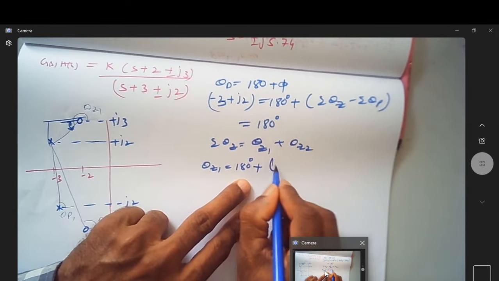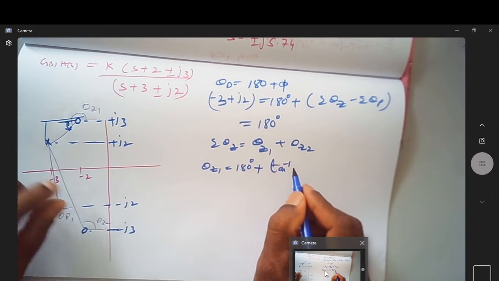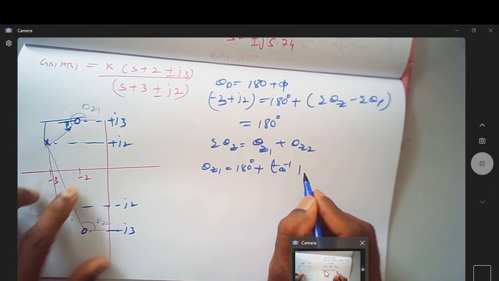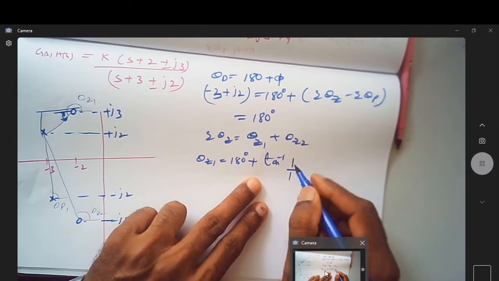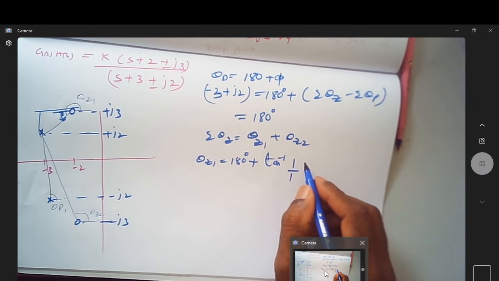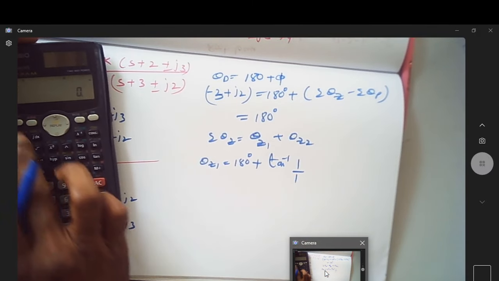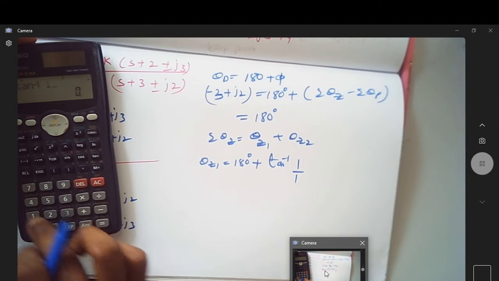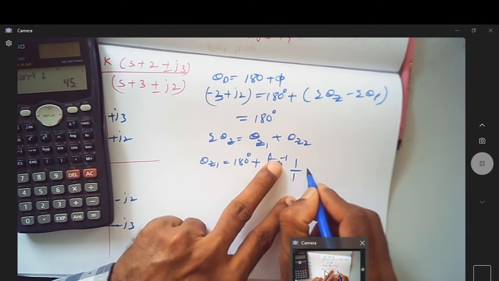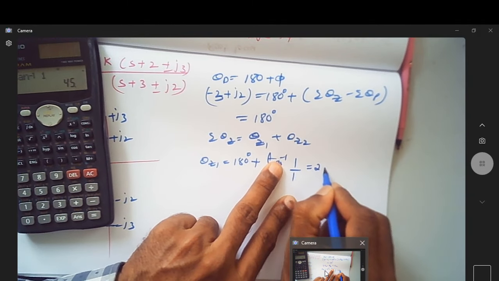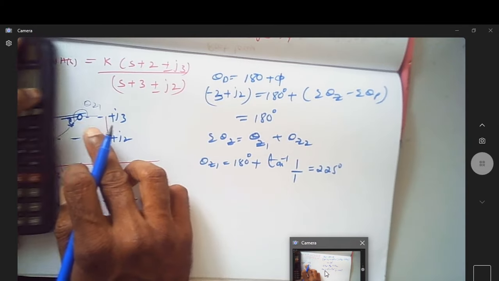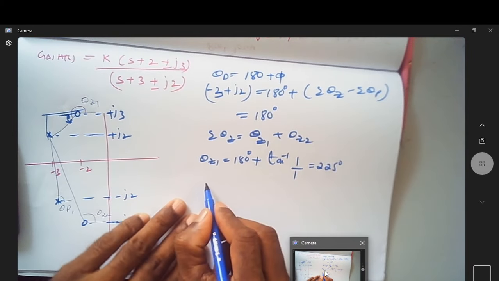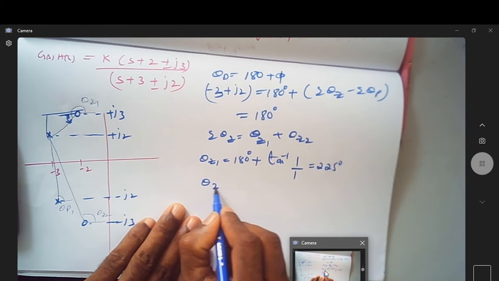This height is 1 and this distance is also 1, so it is tan inverse of 1, which is 45 degree. 45 plus 180 is 225 degree. This is theta z1, 225 degree.